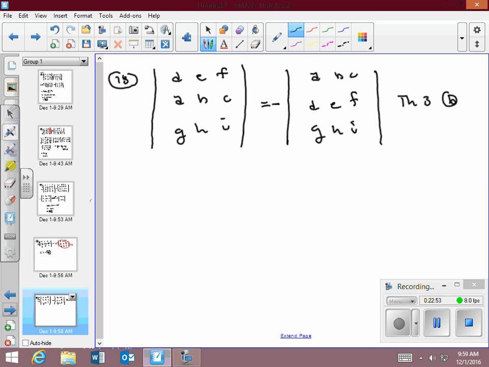And then we know that determinant is 7, so then that's a minus 7. So that's that one. Okay.